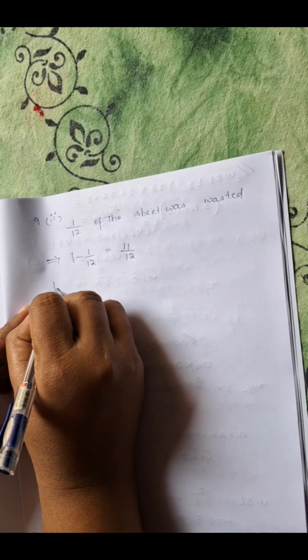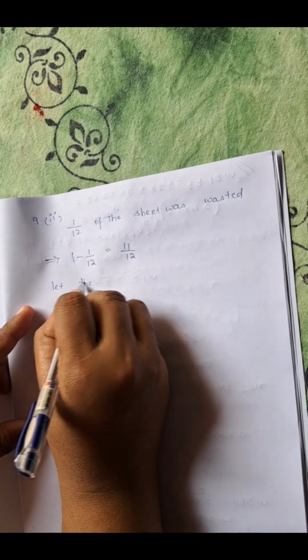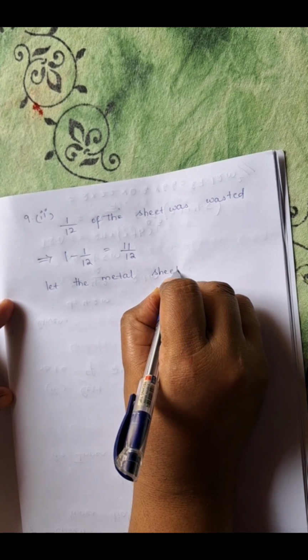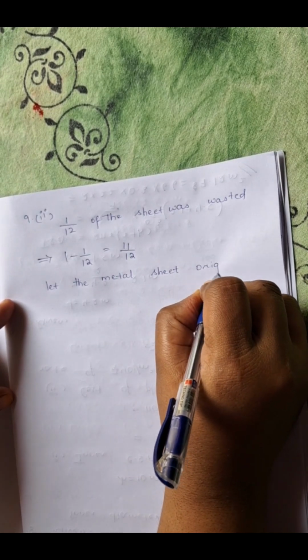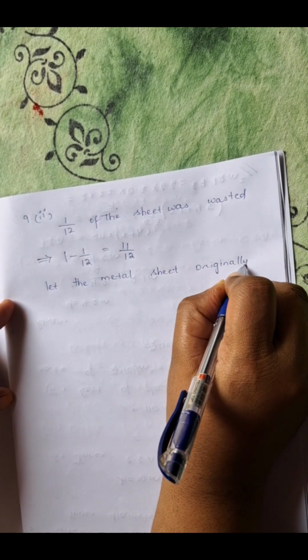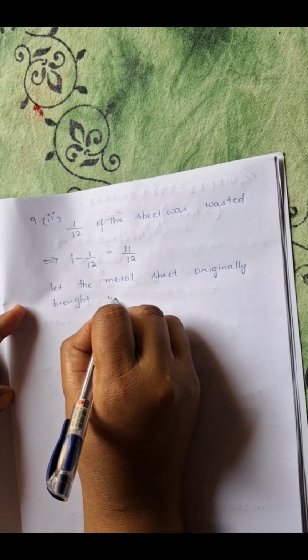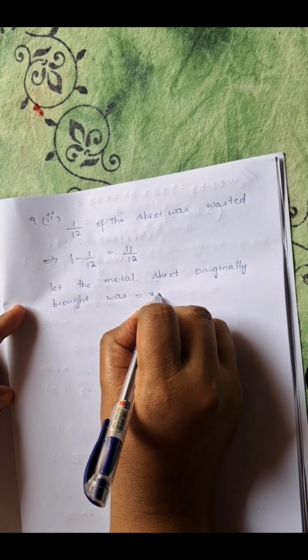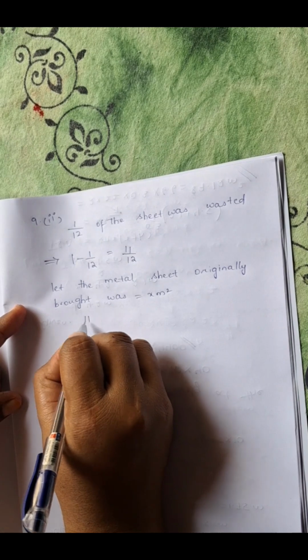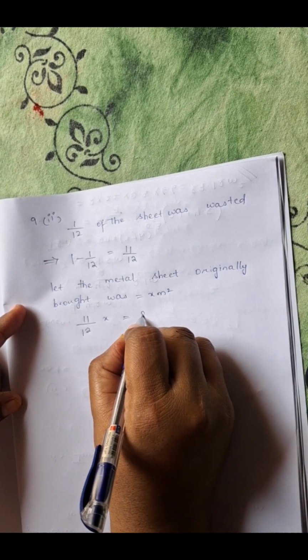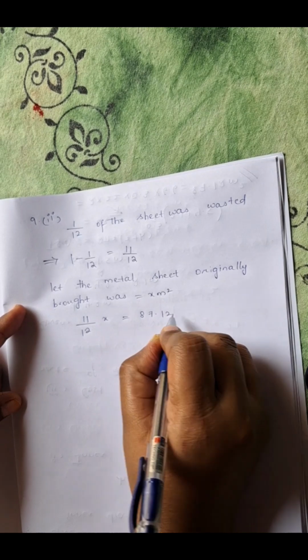So let the metal sheet originally brought be x meter square. So 11/12 x is used, which is equal to 87.12 meter square.